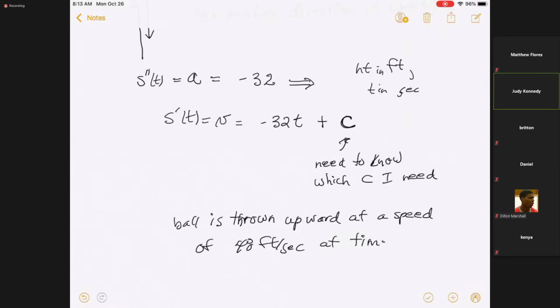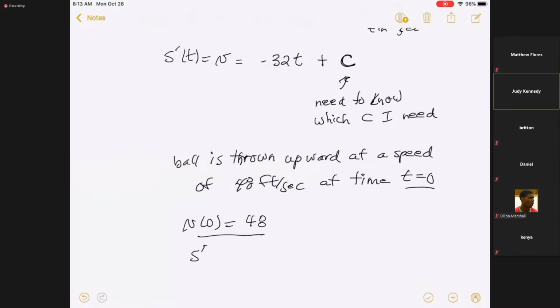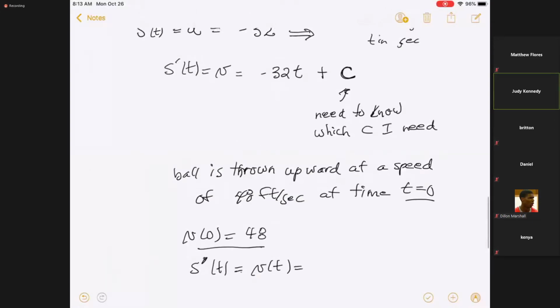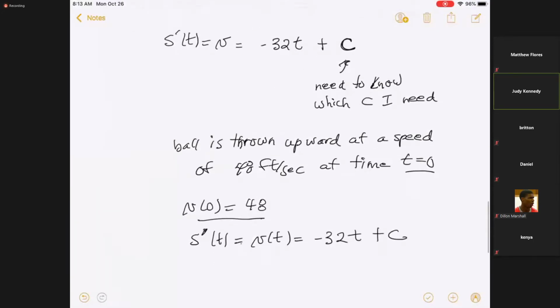So the velocity at time 0 is 48. Upward is a positive direction, remember. So v of 0 is 48, and s prime of t, which is v of t, is minus 32t plus some constant.